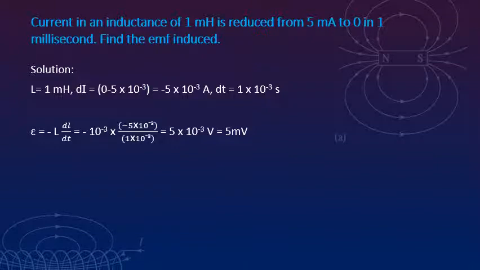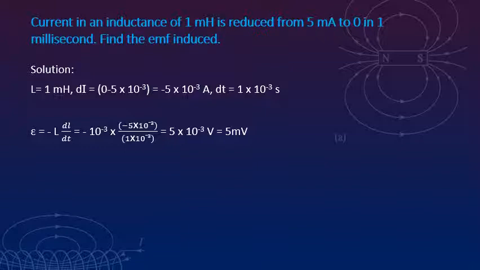The next question is, current in an inductance of 1 millihenry is reduced from 5 milliampere to 0 in 1 millisecond. Find the EMF induced. So, it is given that self-inductance L is equal to 1 millihenry, which is equal to 1 into 10 power minus 3 Henry.